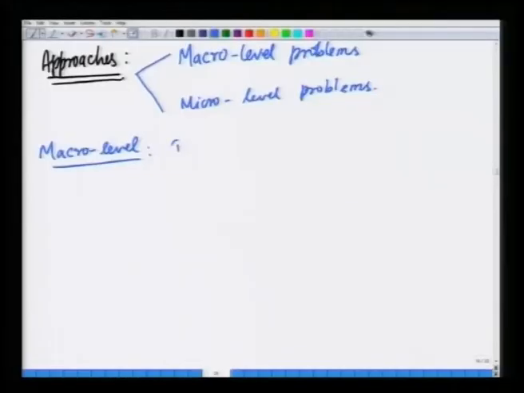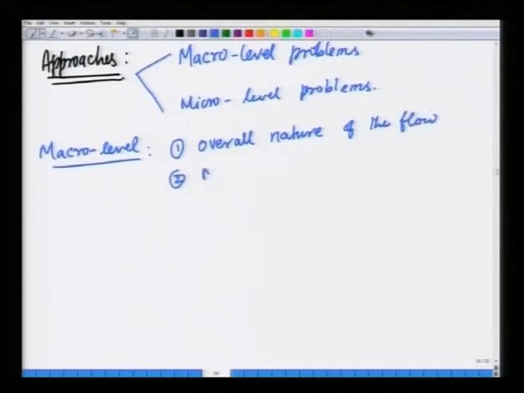So, let me write down: interest is only in the overall nature of the flow and not particularly interested in the detailed nature of the flow inside the equipment.